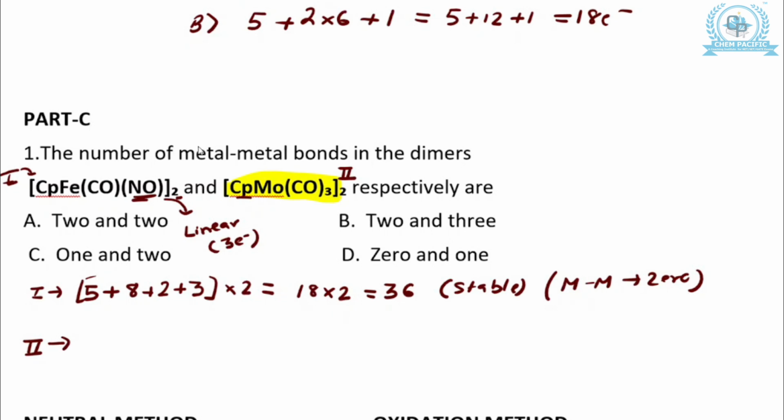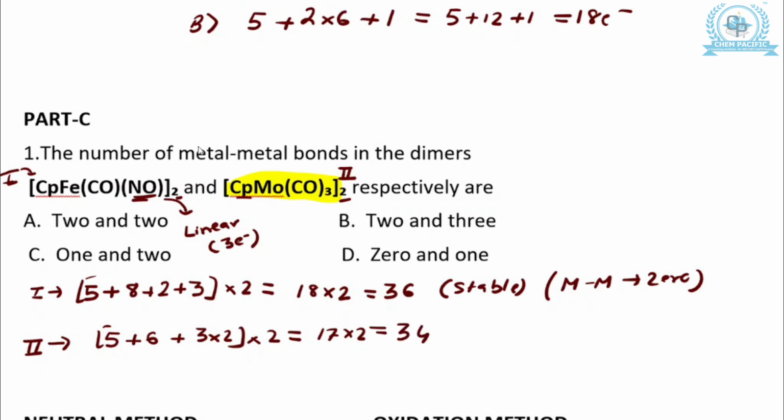The Cp is in the eta 5 mode, and for this molybdenum, the valence electron is 6, and they have given you 3 carbonyls, and each is a 2 electron donor, right? And since it is a dimer, how do you know? Because here it is 2, you have to multiply with 2. So this 11 plus 6 is equal to 17 into 2. So this is equal to 34.